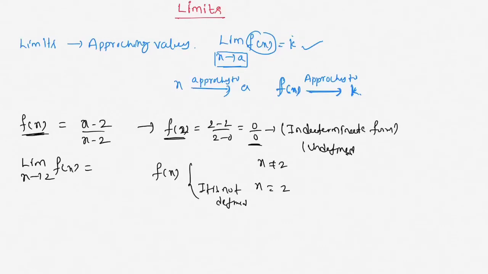For every value other than x equal to 2, f of x is defined. How much will f of x be? For x not equal to 2, f of x will be x minus 2 by x minus 2, so you will get 1. So always you will get f of x equal to 1 for x not equal to 2.